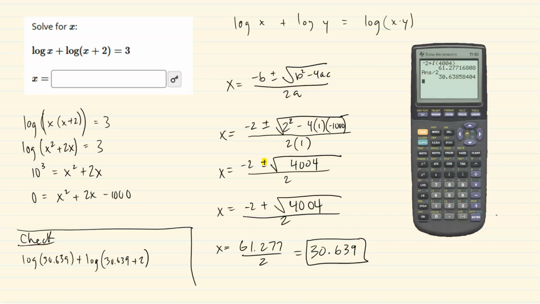There's the left side of the equation: is it going to equal 3? Log of 30.639 plus log of 30.639 plus 2. That should be approximately 3. Due to rounding error, it's not exactly 3, but that is approximately 3. Good. We've checked our solution, and we should feel confident in our solution.